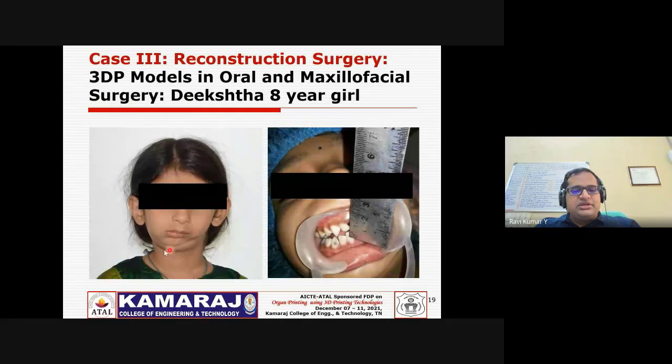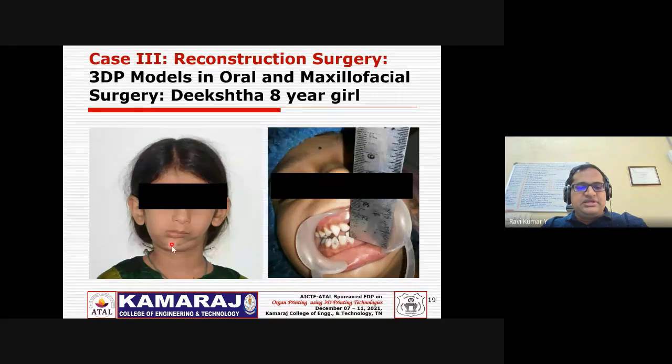But how is 3D printing technology helpful for this distraction osteogenesis surgical procedure? The patient is an 8-year-old girl who, as you can see, had a deformity from birth, an abnormal growth of the lower jaw, causing facial deformity.